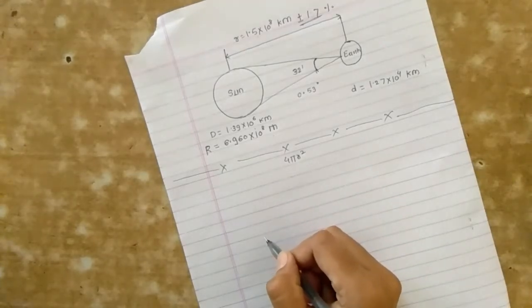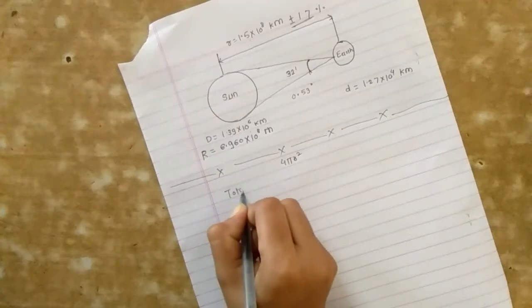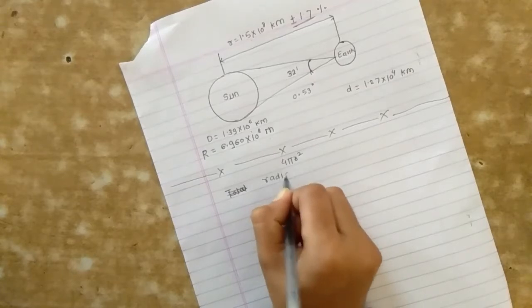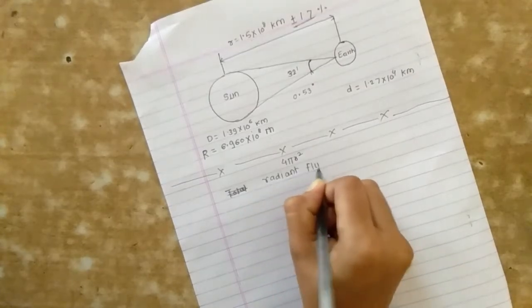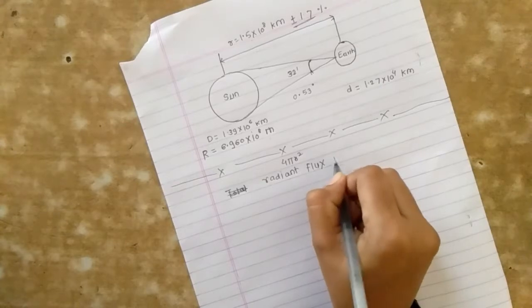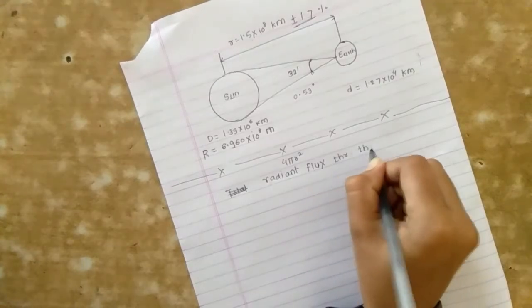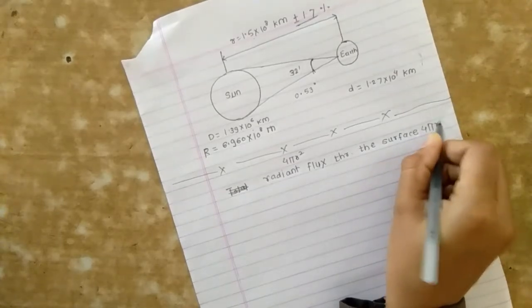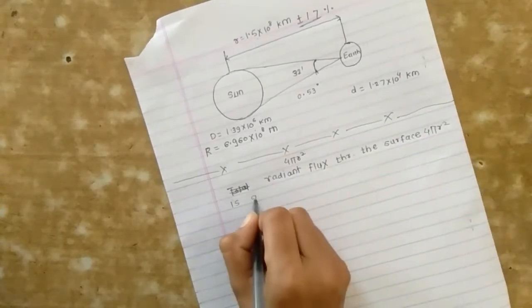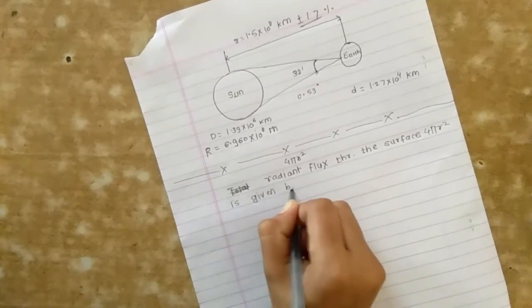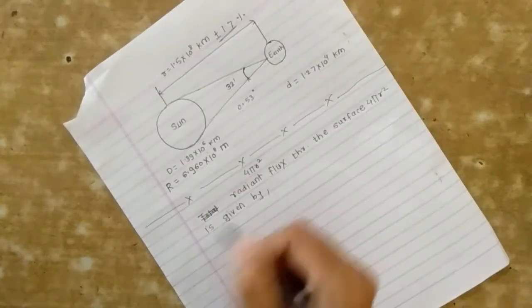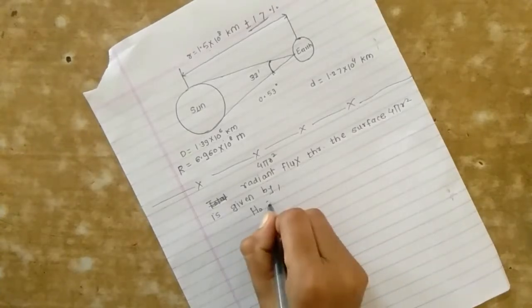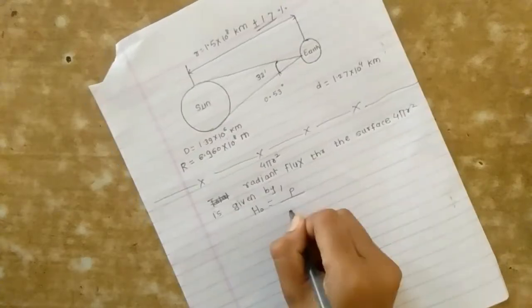Now the radiant flux through the surface 4 pi r square is given by, suppose we take H0, which is equal to P divided by 4 pi r square.